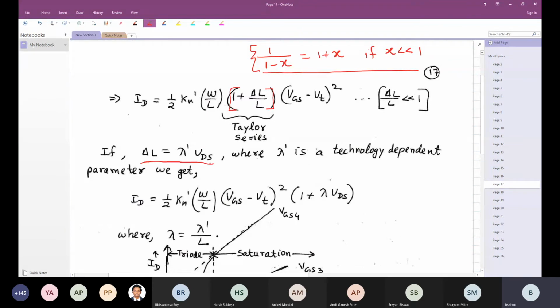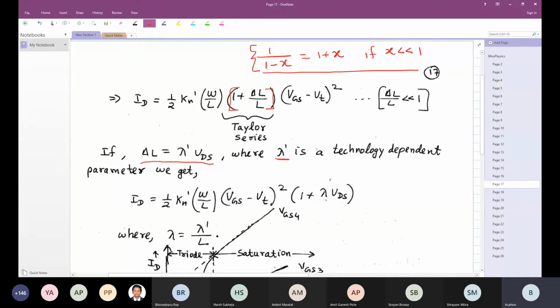We define something because delta L is the amount of reduction in the channel length. We can define a constant and say that with respect to that, as VDS is increasing, it is reducing by that much, where lambda dash is a technology dependent parameter. It is specific to that technology. Therefore, we can say that the current is proportional to VGS minus VT, given by 1 plus lambda VDS.